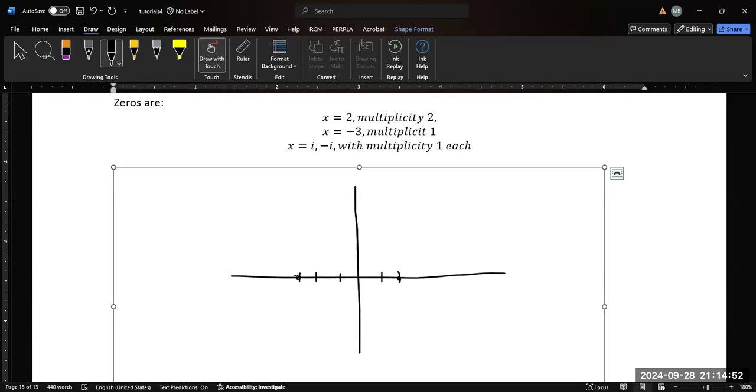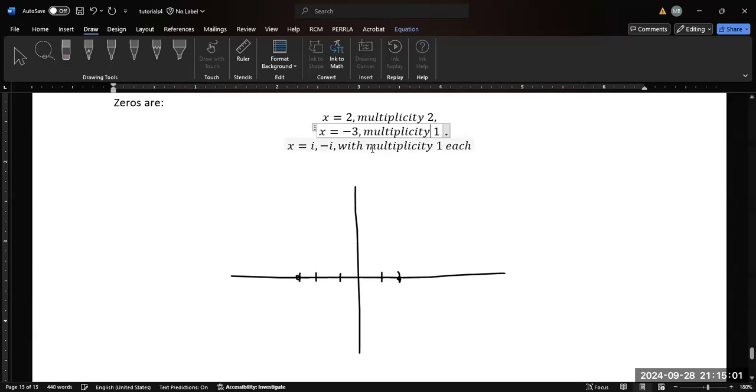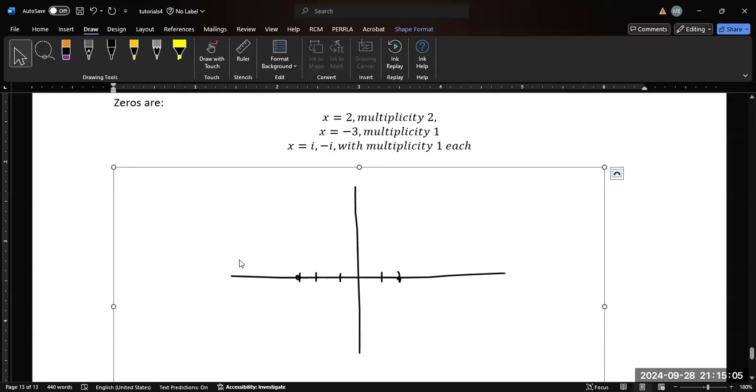We're going to have a 0 there. These don't contribute any zeros. This is an odd polynomial, and it has a leading coefficient that's positive. So it's going to have to start down here.